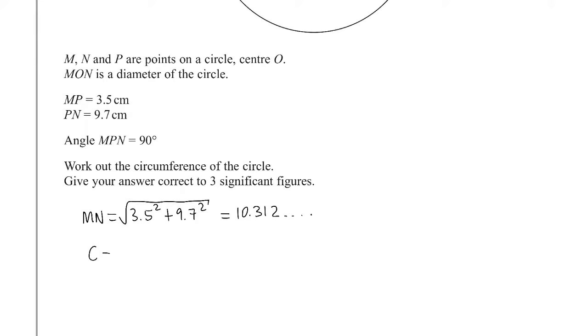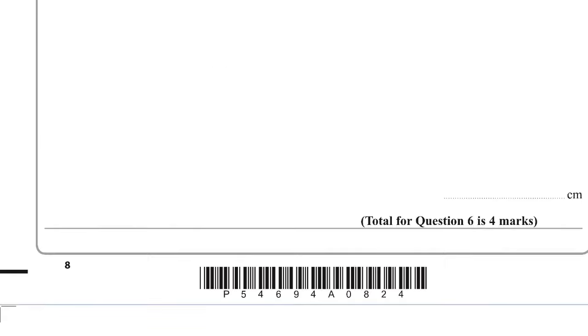So we know that the circumference is 2 pi r, which is just pi times 10.312, because the diameter is just 2 radii. So if I multiply by pi, maintaining full accuracy throughout, I get an answer of 32.4 to 3SF, and that's centimeters. So 32.4 centimeters is the answer for question 6.